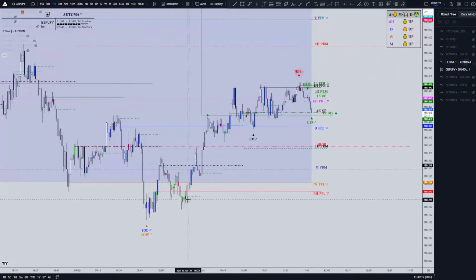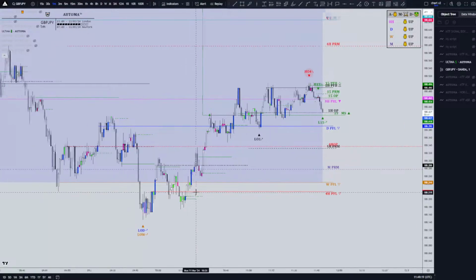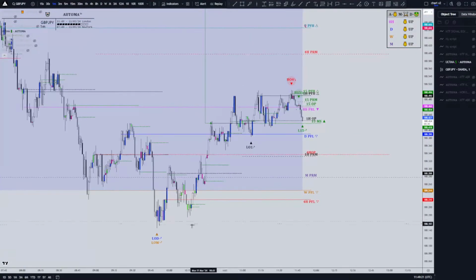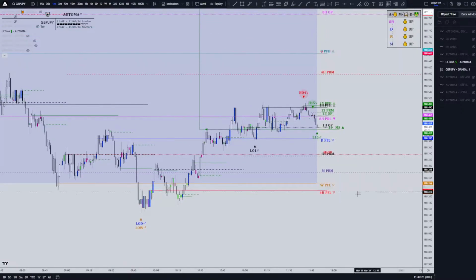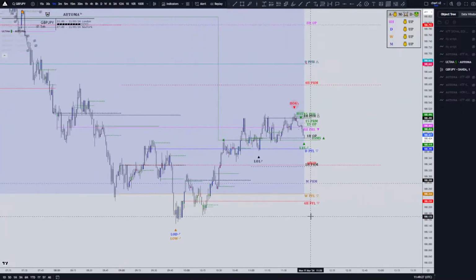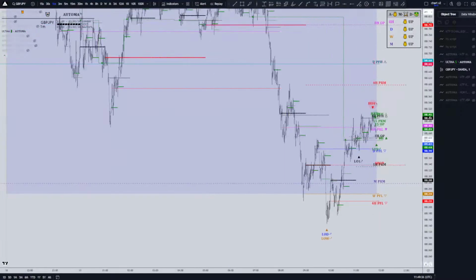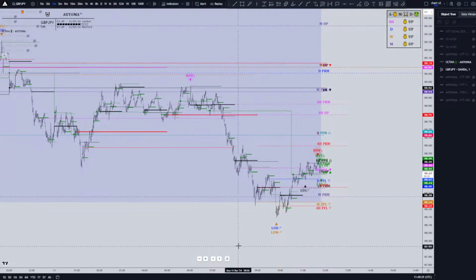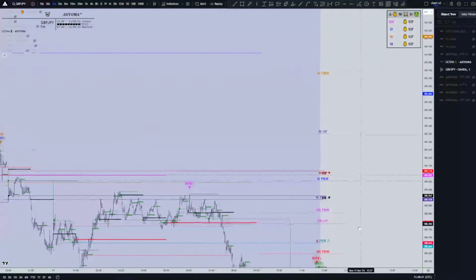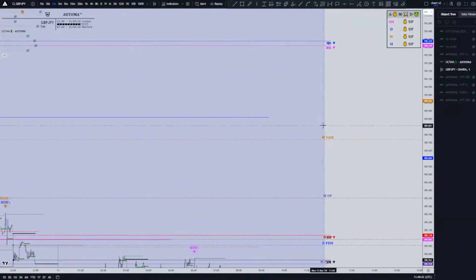So, depending on which range you're using, let's say you're an intraday trader, so what's the bias? Everything is bullish accumulation. You want to see what was the last breakout on 8 hours and what was the last breakout on daily.